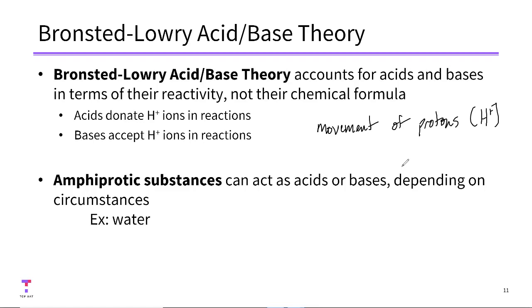Now, to add one more wrinkle to this, because of course we have to, it's chemistry. What about substances that do both? Most common example of this is water. Water, because it is H2O, is capable of adding a proton and becoming hydronium ion, H3O+, or losing a proton and becoming the hydroxide ion, OH-.